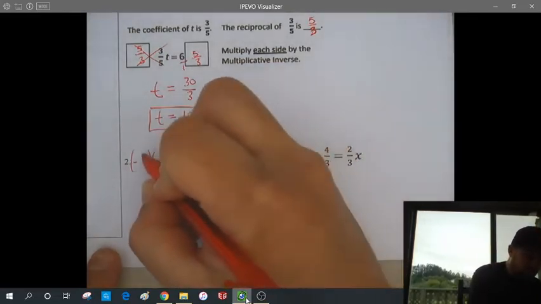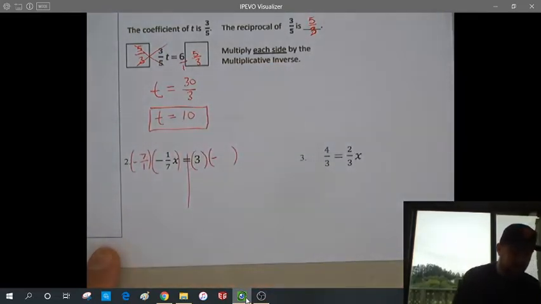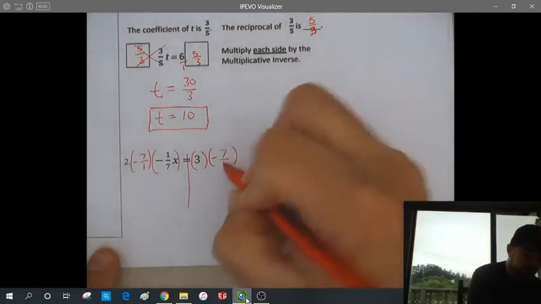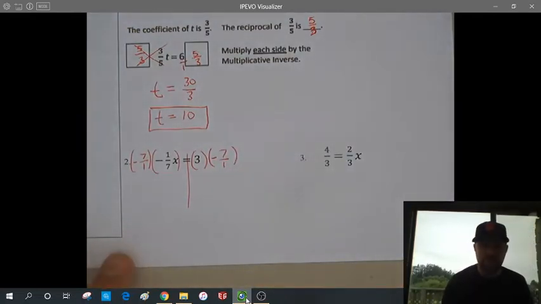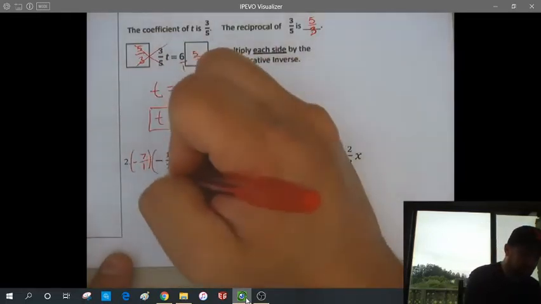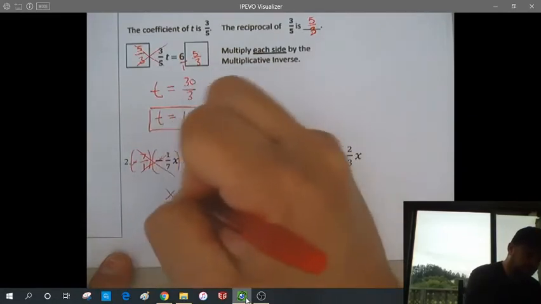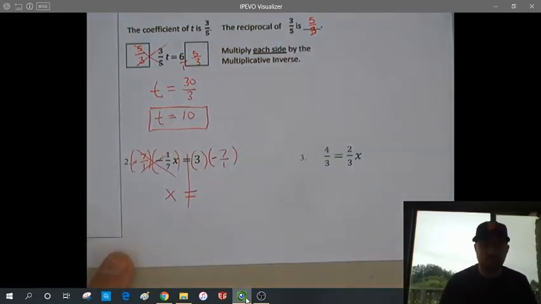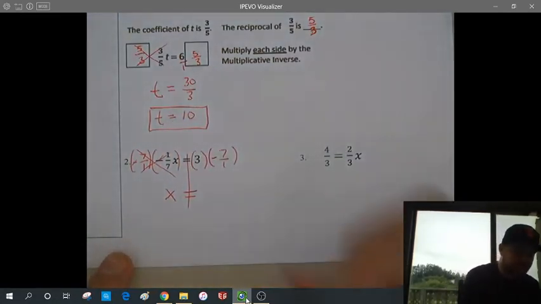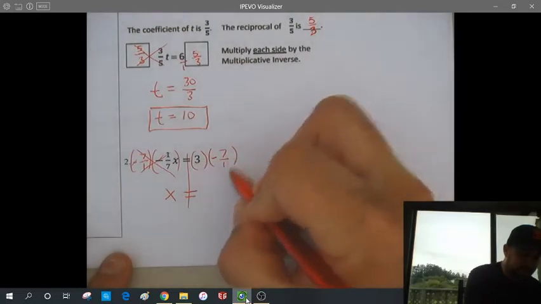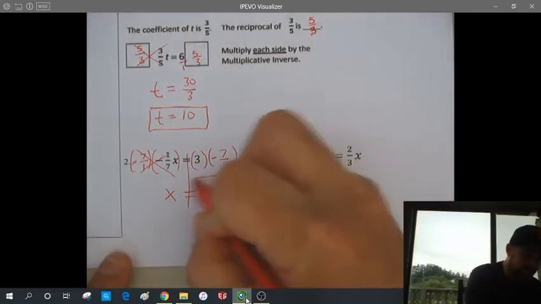The reciprocal of 1/7 is 7/1, or that's just 7, right? So multiplying both sides by negative 7/1 here, or really that's just multiplying by negative 7 on both sides. That cancels out the 7's, the 1's, the negatives, and all I get left is just x, like I'm wanting there. On the other side, 3 times negative 7/1, again that's just 3 times negative 7, which makes negative 21 here.